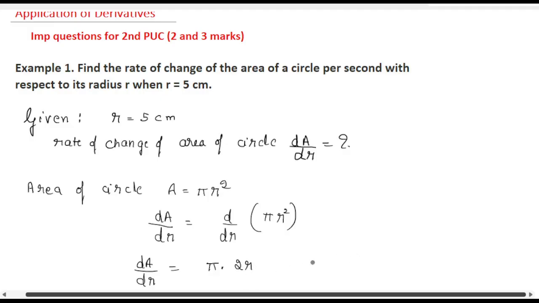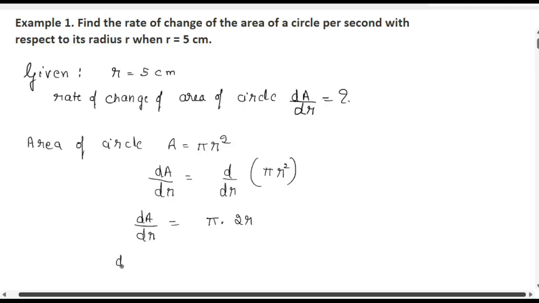So we can write this as dA by dr equals, substitute the value of r. r is 5 centimeter. So pi into 2 into 5. So dA by dr equals 10 pi centimeter square per second. This is the answer.